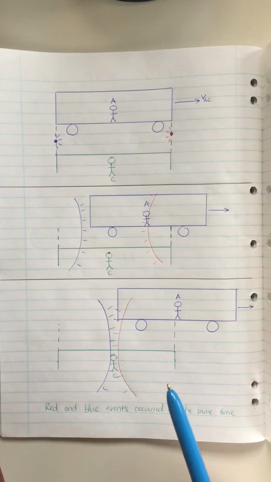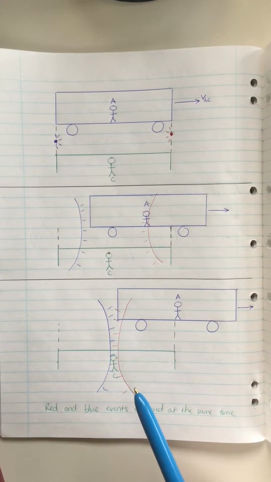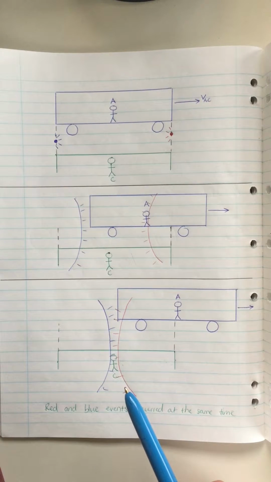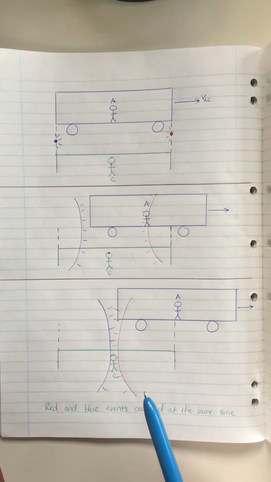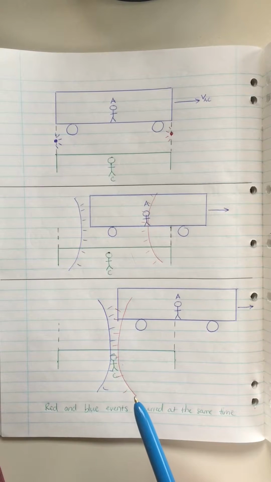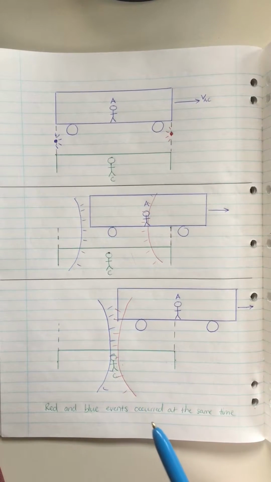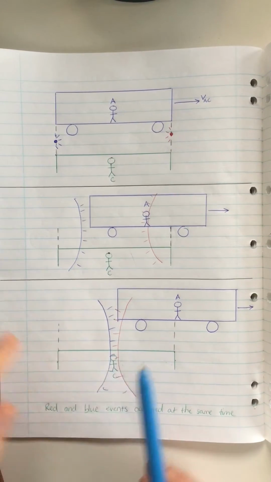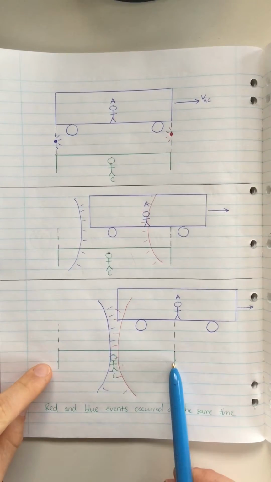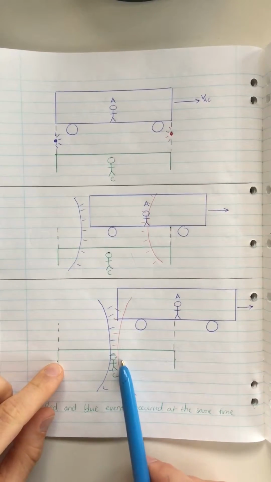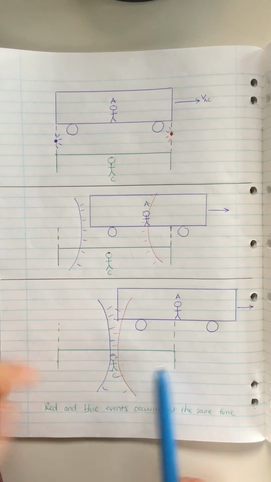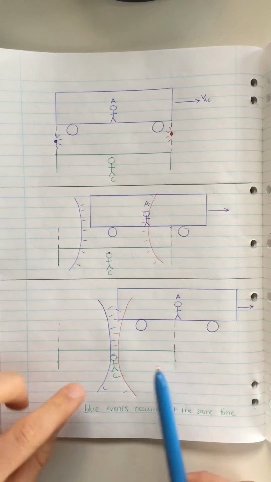He also knows, and this was the thing that we covered in the previous vodcast, the second postulate of Einstein's, which is that the speed of light travels at c, and travels at c in all frames of reference. So he knows the speed of light, and he knows the distance, and he knows that the speed of light is the same for the red and the blue flash. They're both light.